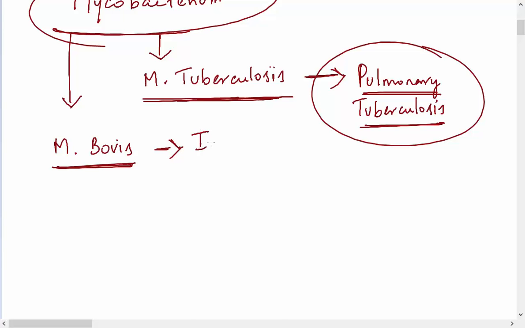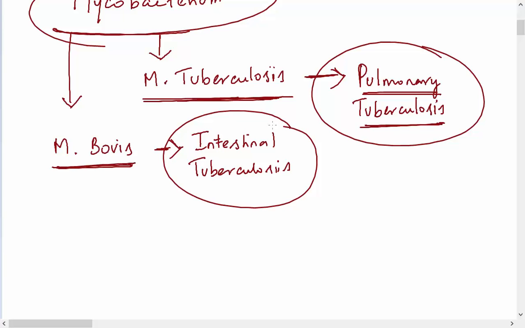So that will create intestinal tuberculosis. Okay. Or if the person has pulmonary tuberculosis and he or she is swallowing the sputum, you all know swallowing it, and it goes to the intestine and it produces tuberculosis.